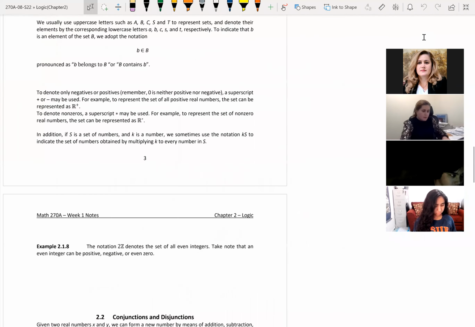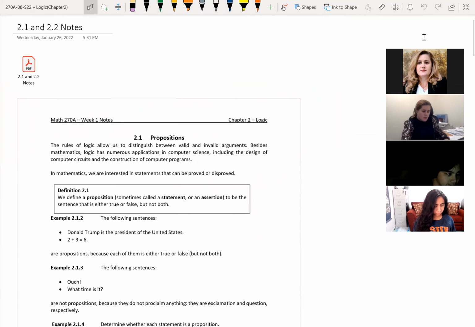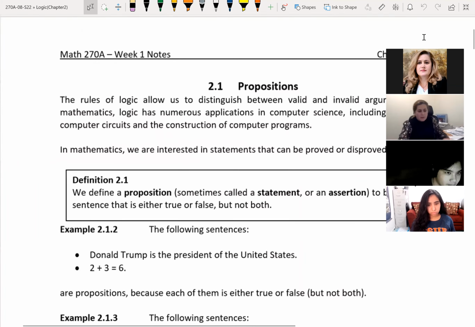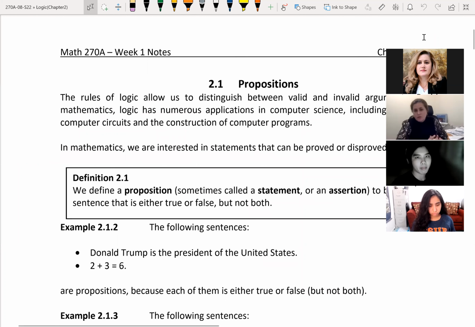Here we are. This is my first section, 2.1. In order to start what we call logic theory, which is 6 sections, so it's a long chapter compared to the others, we have to learn about the terminologies. I have to remind you of some terminologies that you might have seen before, but don't remember right now. The first terminology, or building block, for logic is propositions.